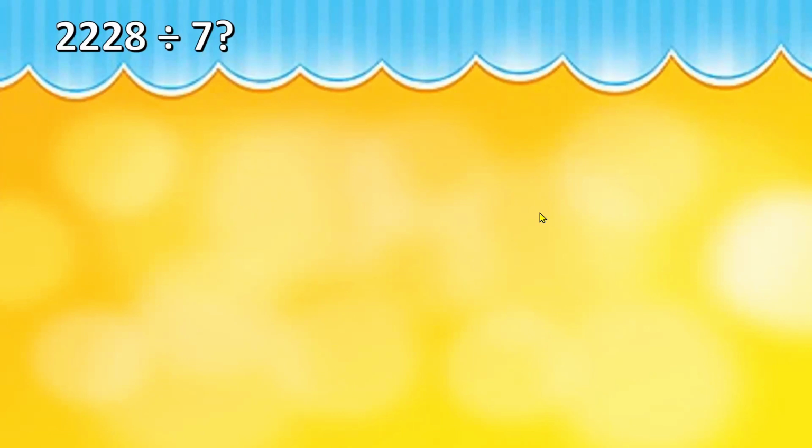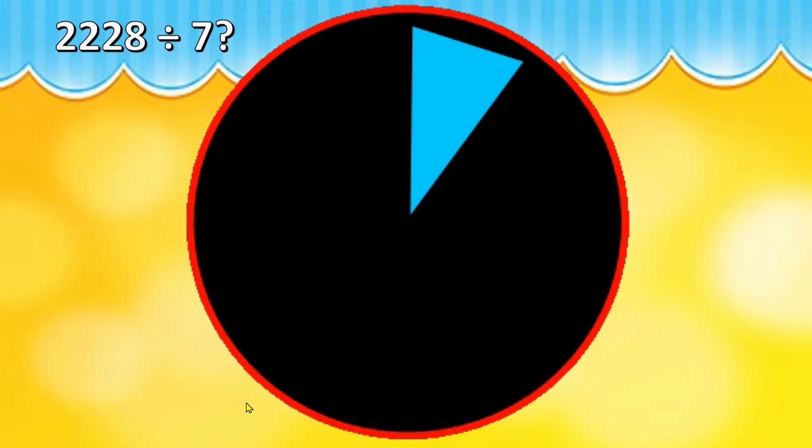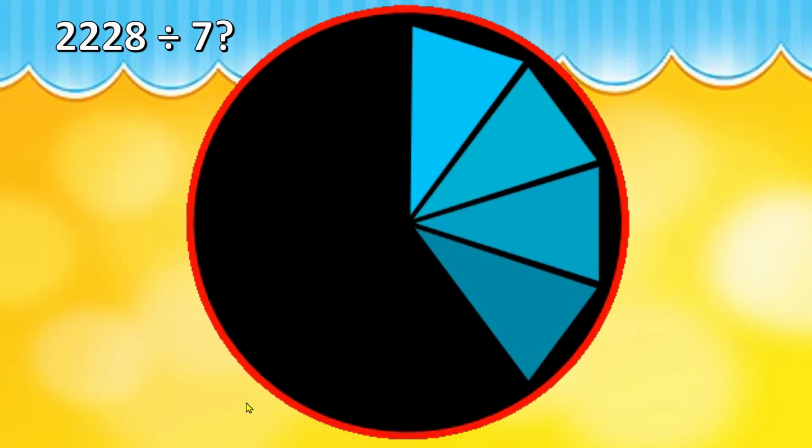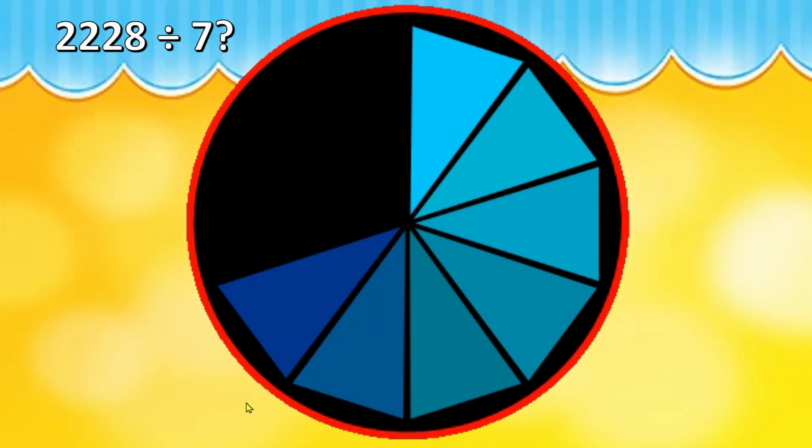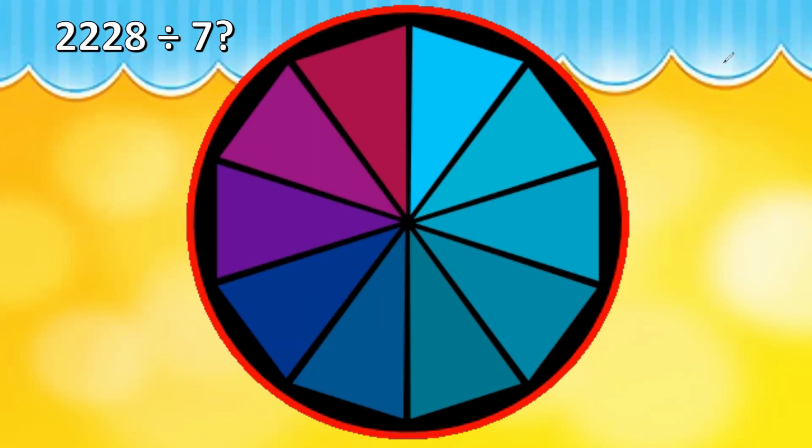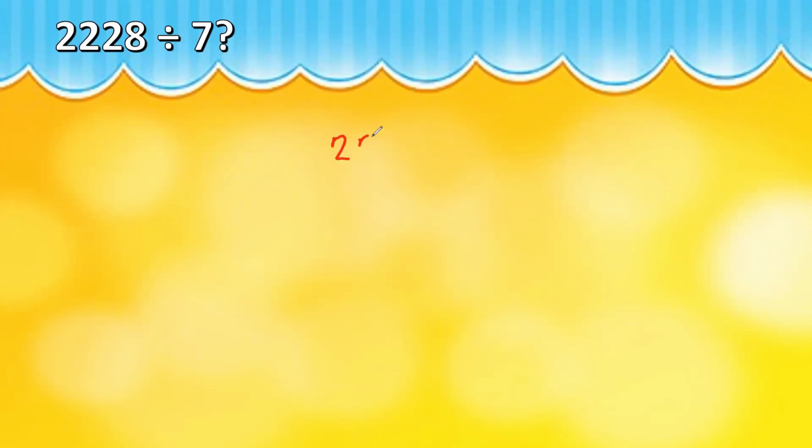Next, 2,228 divided by 7. So 2 divided by 7 is 0. So no need to write. So let's go to 22 divided by 7. That will be 3. 3 times 7 is 21. 22 minus 21 is 1.